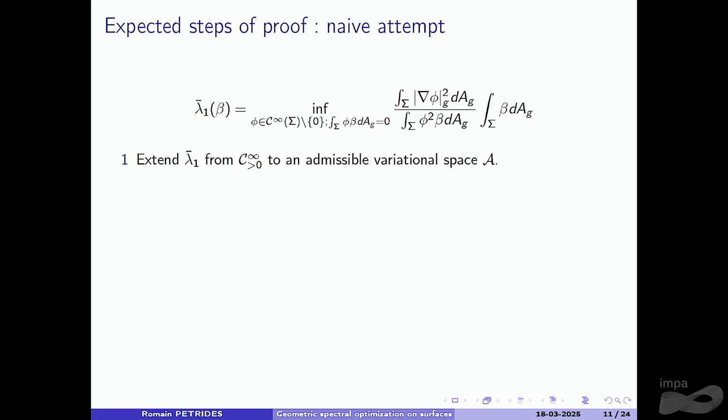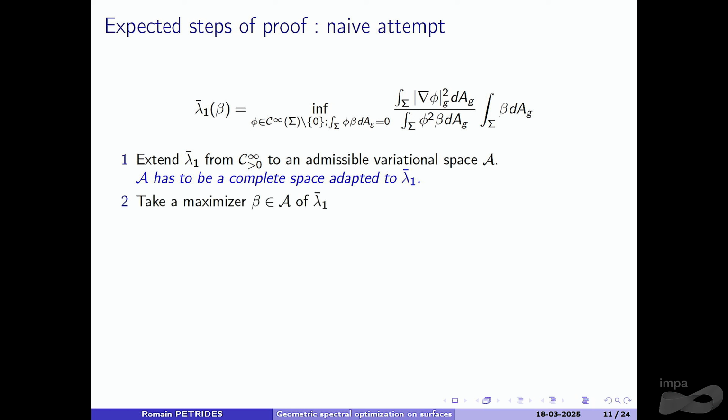First, you extend lambda 1 to a variational space, which is somewhat big, in order to have compactness of a maximizing sequence, for instance. So in general, you want A to be a complete space or something like this. And it has to be adapted to the functional.